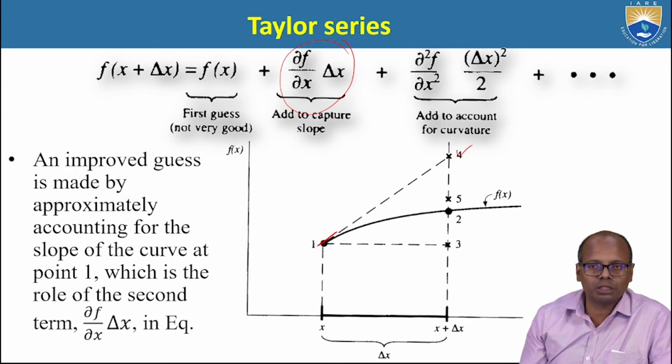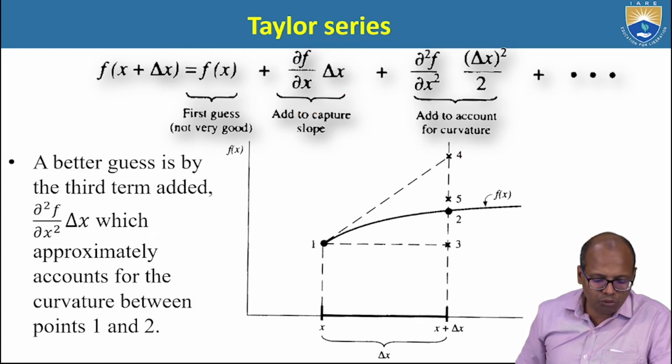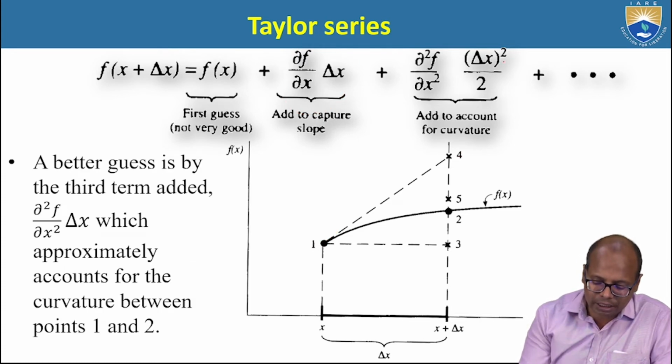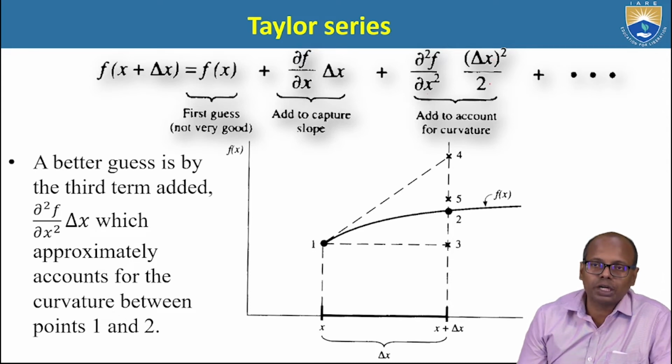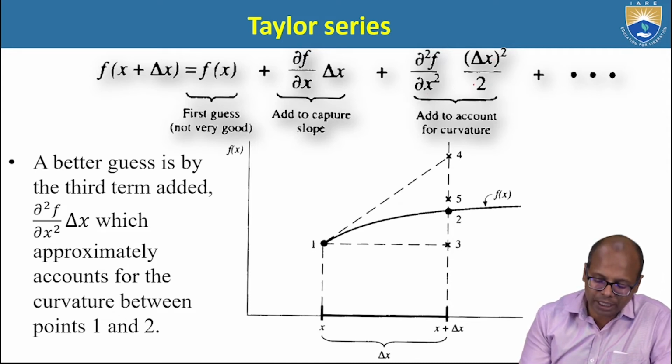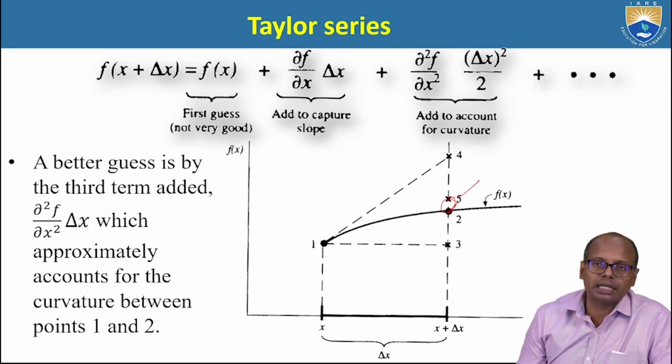So this is also not correct. So what do I have to do? I have to take the curvature into consideration. If I do, then it is dou square f by dou x square into delta x square by 2. Now if I do that, it will come to here. So the error is less.